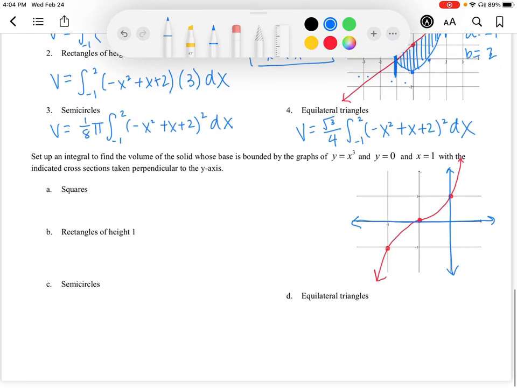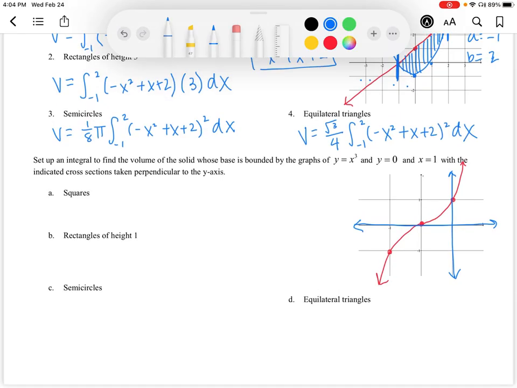And last one, this time we are perpendicular to the y-axis again. So that means that we're looking at it going this way, so it's going to be a right minus left. So the right is the x equals 1 minus the left, we need to change the equation.